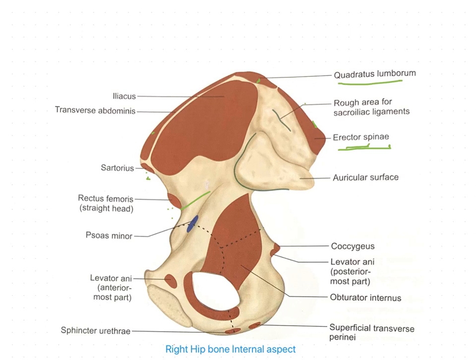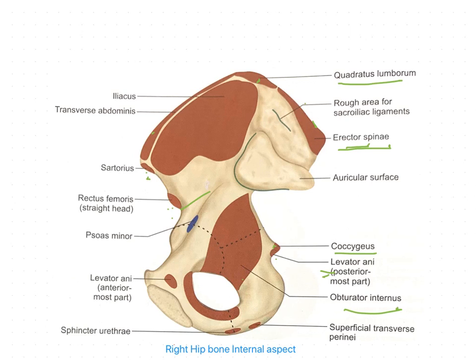Okay, next muscle: above the obturator foramen, on the internal aspect, we can find obturator internus. Okay, the ischial spine, here we can find the ischial spine, it is present on the internal aspect. So the muscles attached on the internal aspect of the ischial spine are coccygeus and levator ani, that is the most posterior part is attached.